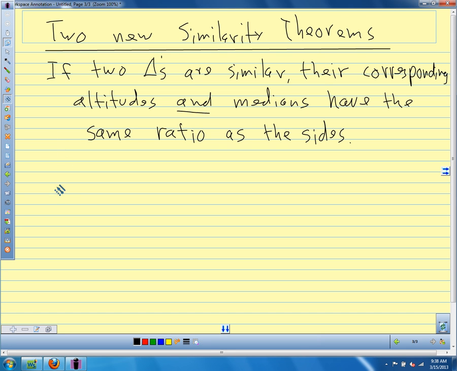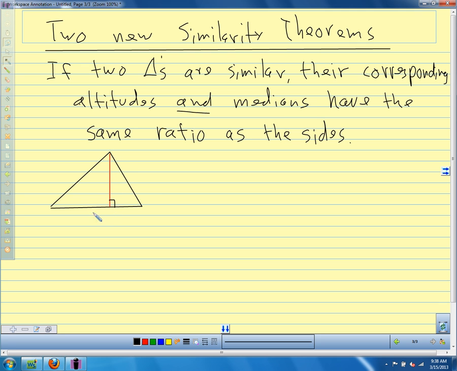So let's draw a picture so we remember what altitudes and medians are. The altitude, when we talked about triangles, altitude and height are kind of the same thing. The altitude goes at a 90-degree angle from one side to the opposite vertex. So this is an altitude.